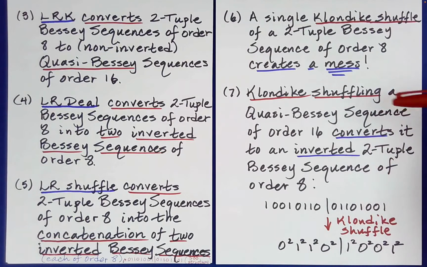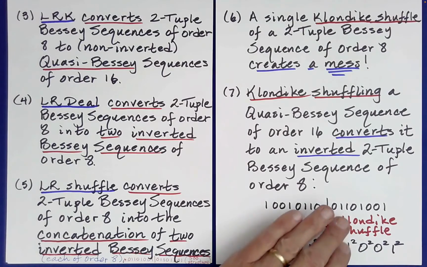Okay, so if you've watched videos on quasi-Bessie sequences of order 16, what we're saying here is a single Klondike shuffling of that packet will convert it into a two-tuple Bessie sequence, but it will be inverted from the original structure that the quasi-Bessie sequence had. So zeros and ones will switch places. But once again, that does not pose a significant problem for us at all. Okay, so I thought I would point that out.